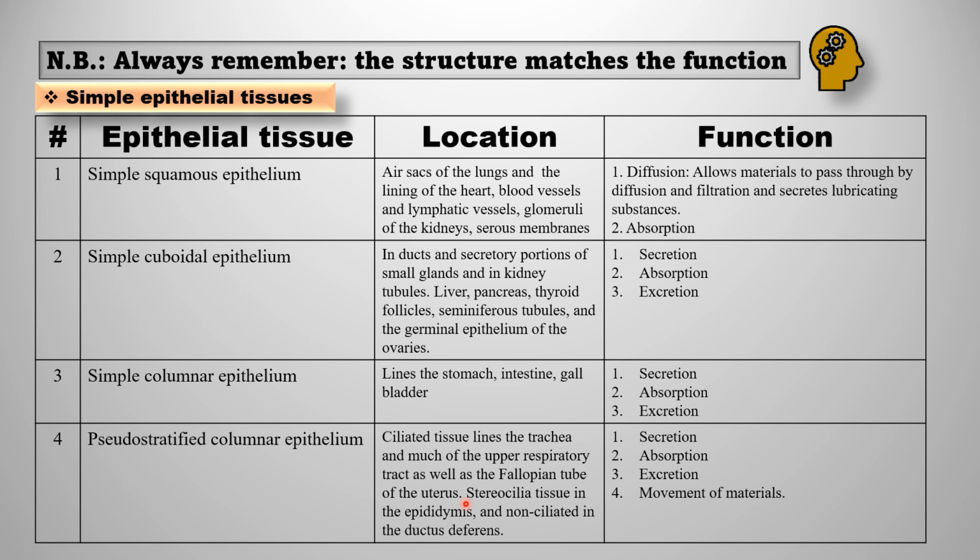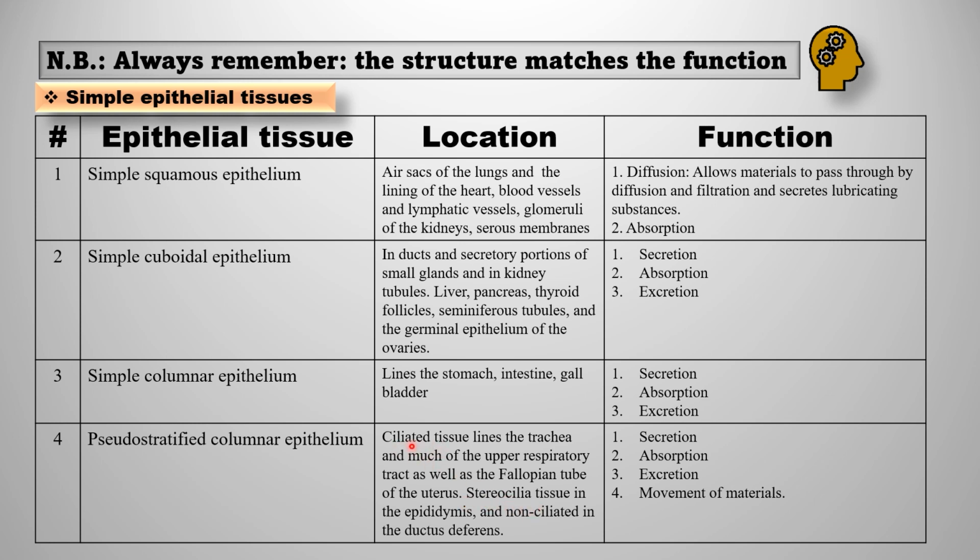For the fallopian tube, it grabs the egg from the ovary and moves it in one direction to inside the uterus.